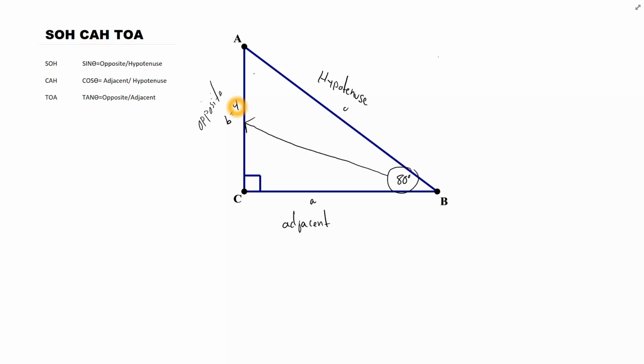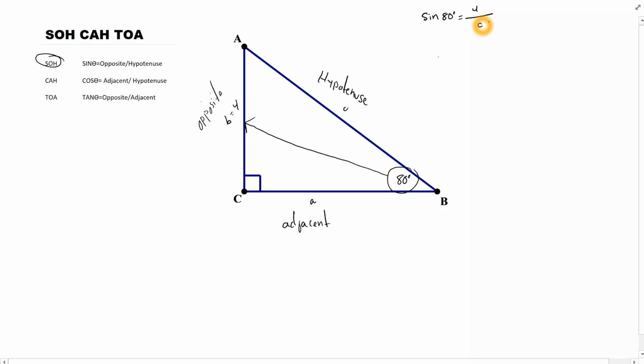So let's find Soh, S-O-H. So that's given by sine of theta, in this case 80, is equal to opposite, which is 4, over the hypotenuse, which is c.